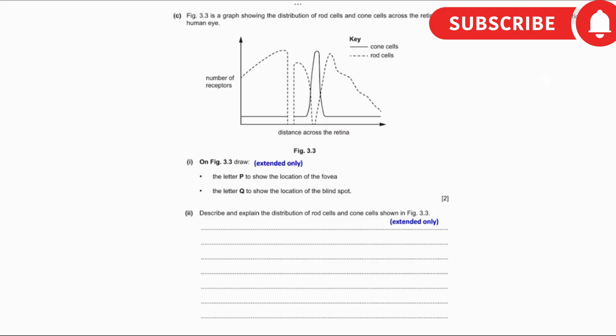Sorry, we need to draw it. Where would the blind spot be? Where there are no rods or cones, so that will be around here. Okay, this is Q. And where would P be?